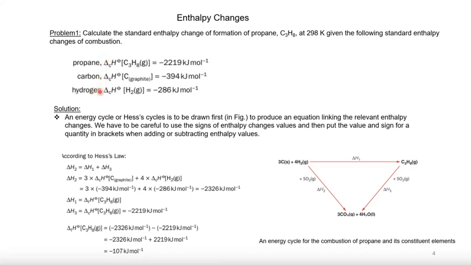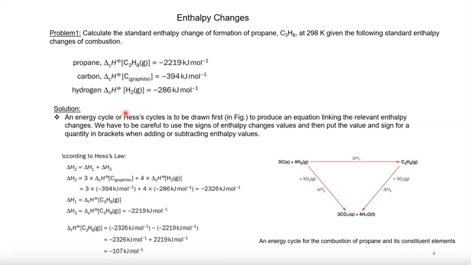The combustion of propane is minus 2,219 kilojoule per mole. The combustion of graphite is given as minus 349 kilojoule per mole. And the standard combustion of hydrogen gas is given as minus 286 kilojoule per mole. What is the solution then?